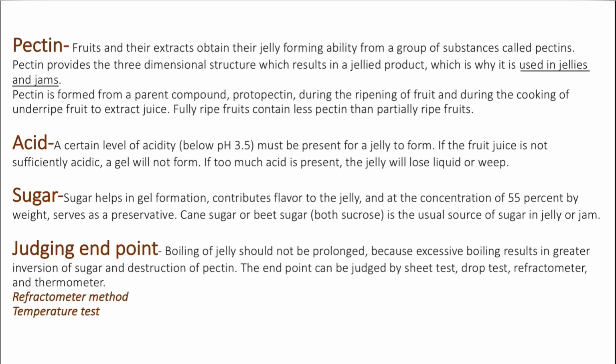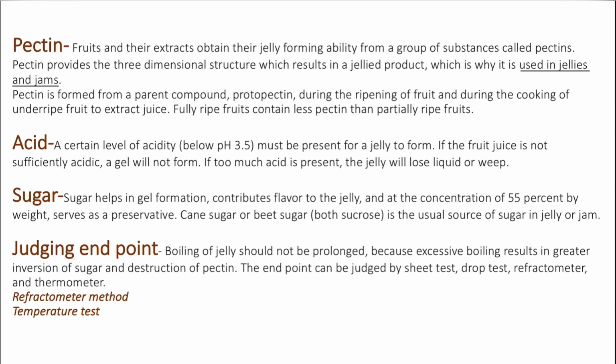First is pectin. Pectin substances present in the form of calcium pectate are responsible for the firmness of fruits. Pectin is the most important constituent of jelly. It is a commercial term for water-soluble pectinic acid, which under suitable conditions forms a gel with sugar and acid.